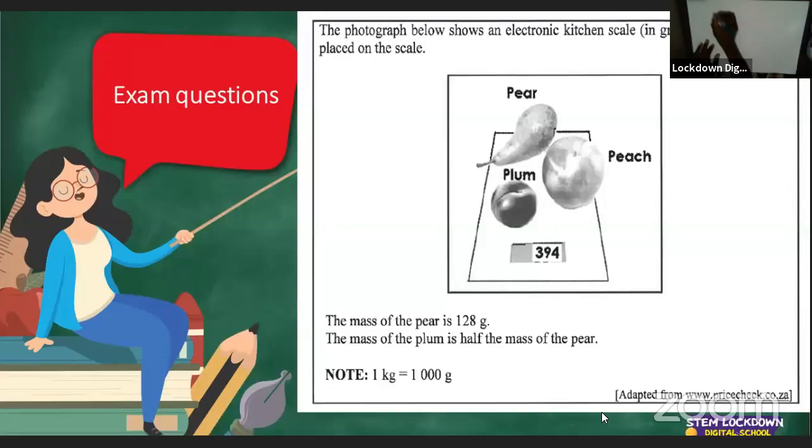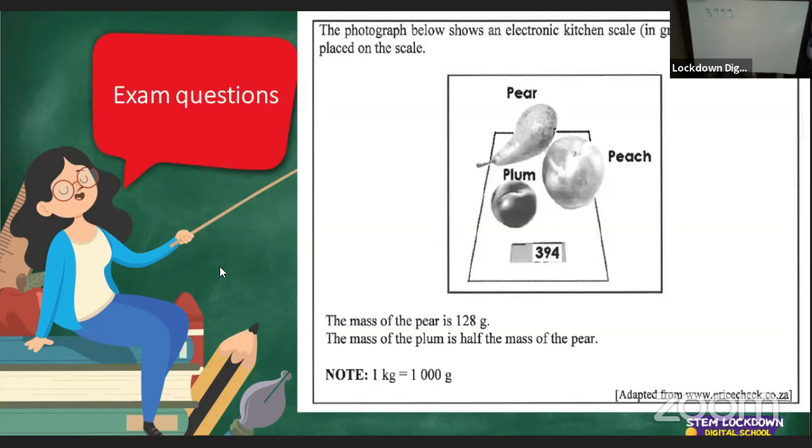Okay, so the total mass of the fruits that we have been given here is 394 grams.